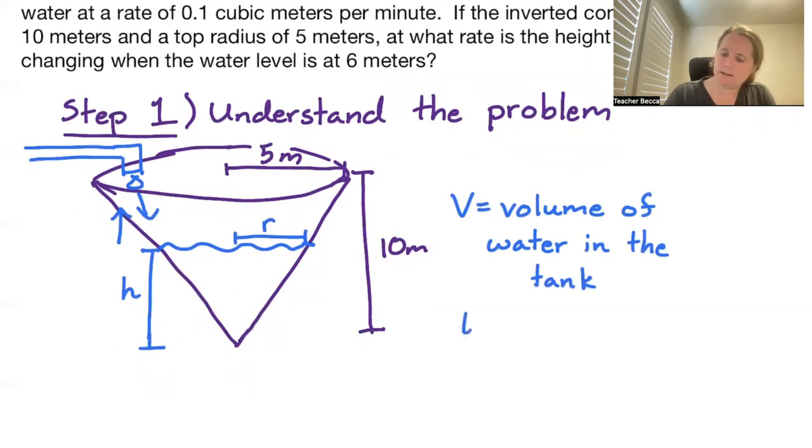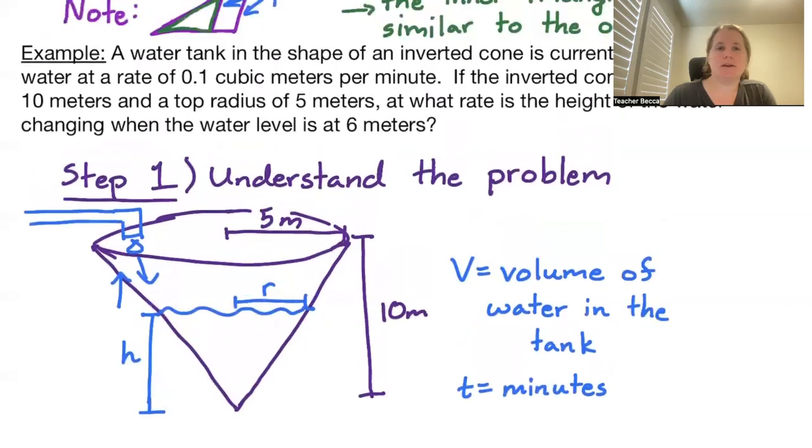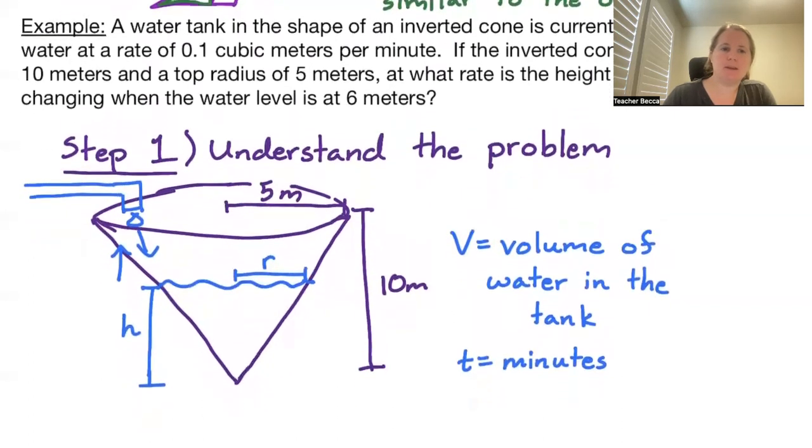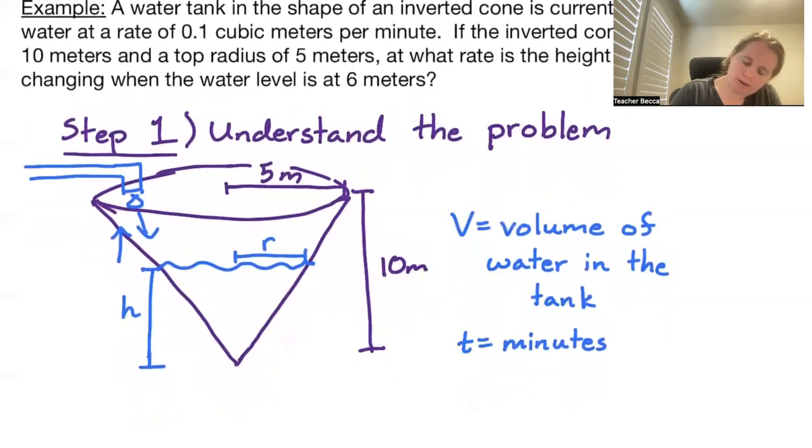We will set t equal to the minutes from now, or just t equals minutes because we're looking at cubic meters per minute. So we know that the water is flowing in at 0.1 cubic meters per minute.